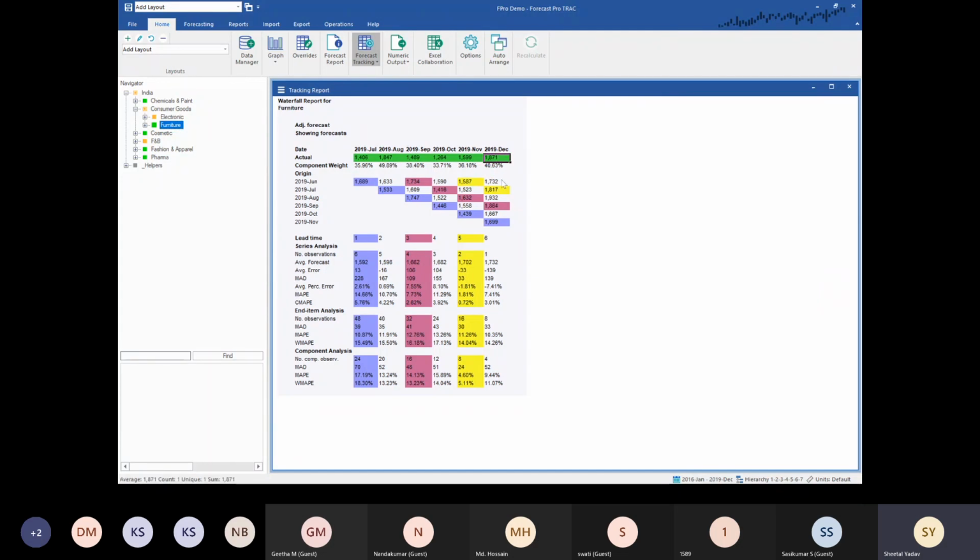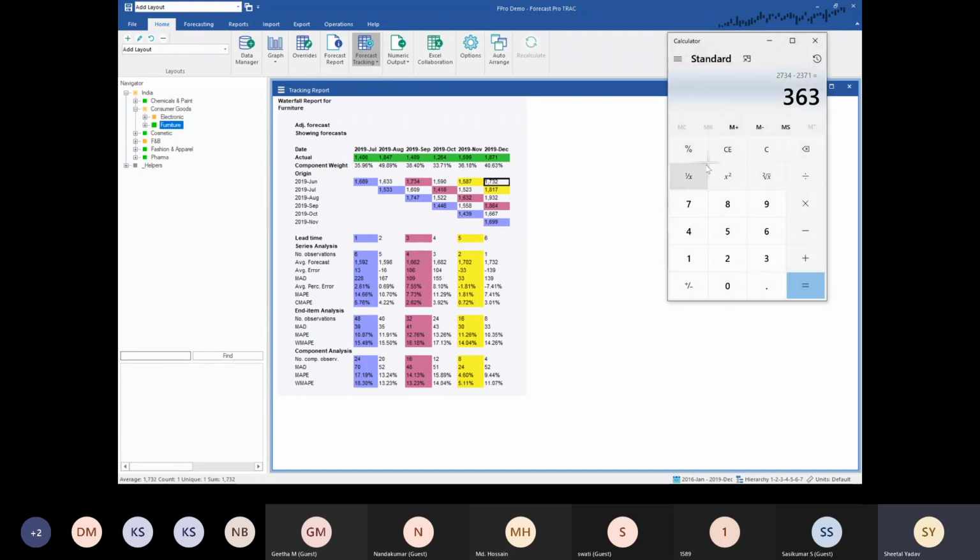And for the furniture category, my forecast is 1871, so I have 139 as my difference. If I add 139 and 363, I have a total of 502.